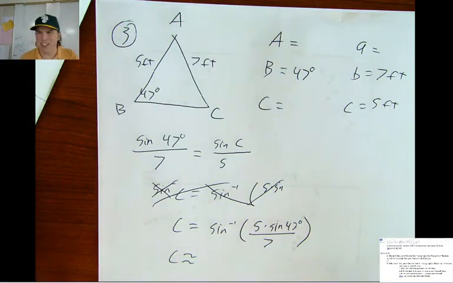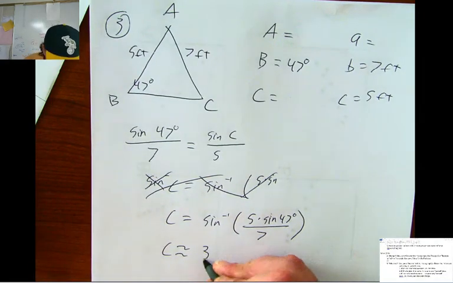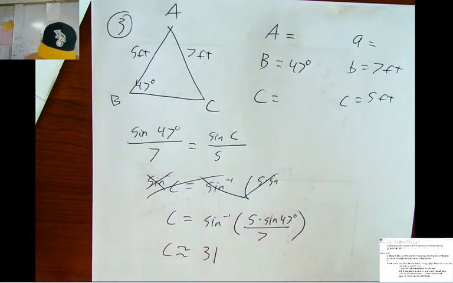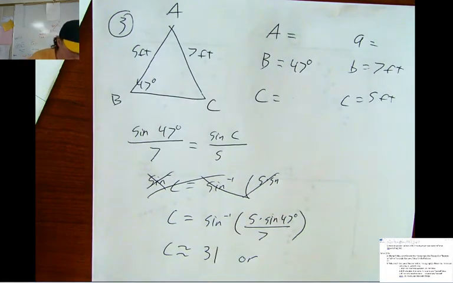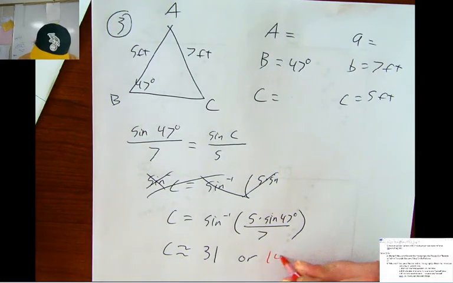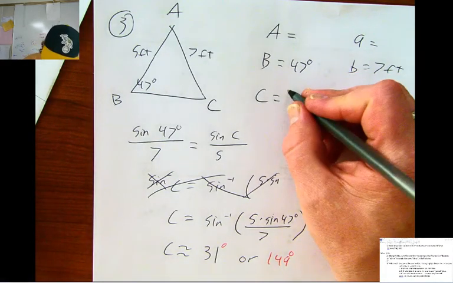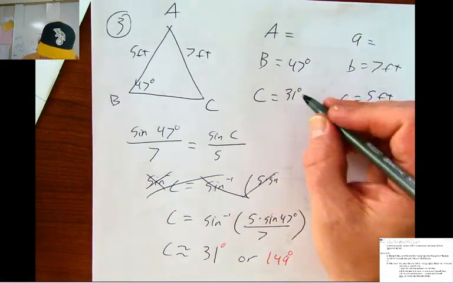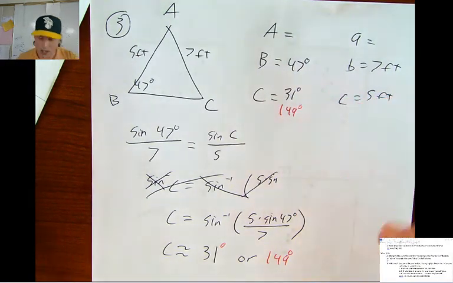And just for simplistic sake, let's say this gave me 31. I rounded down. So now it could be 31, or 180 minus 31 is 149. So C is either 31 degrees or 149 degrees.